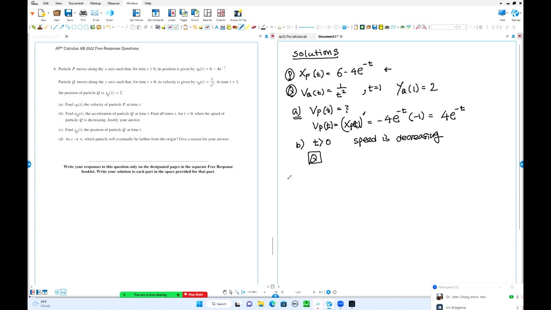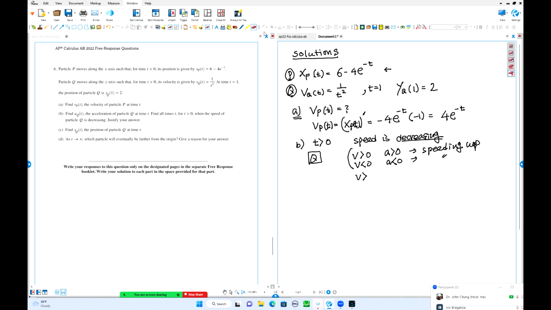Speed decreasing, we have the formula here. Velocity positive and acceleration positive, that is speed increasing, right? Speeding up when they have the same sign. Velocity negative and acceleration negative is still speeding up. But speed decreasing is when they have opposite signs.